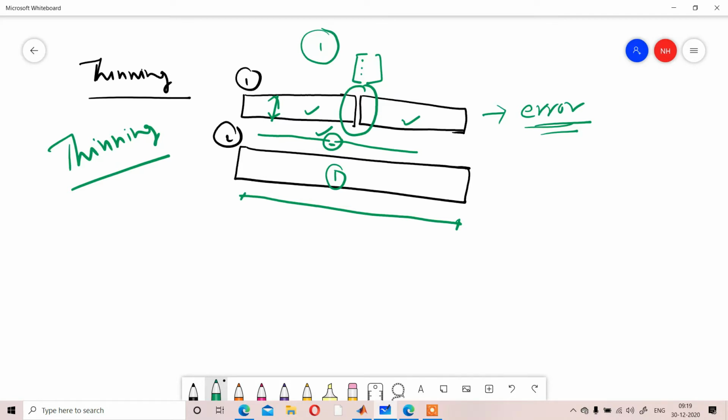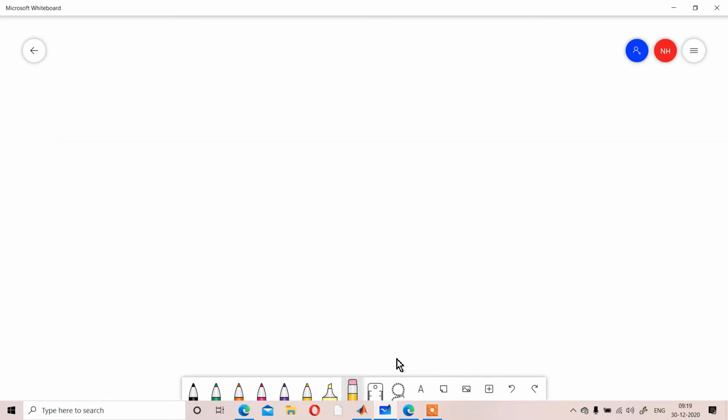And to do the thinning process, you have to maintain some steps. The steps are: suppose A is your original image, that is your thinning, B is your structuring element, that is your thinning symbol.